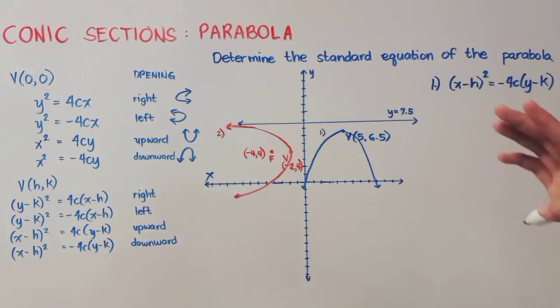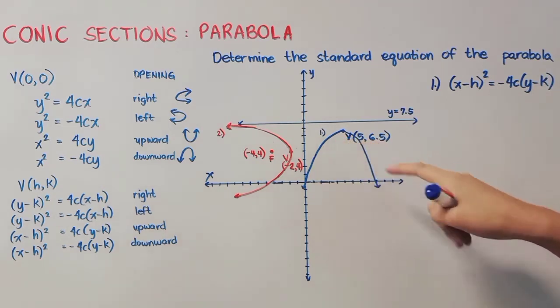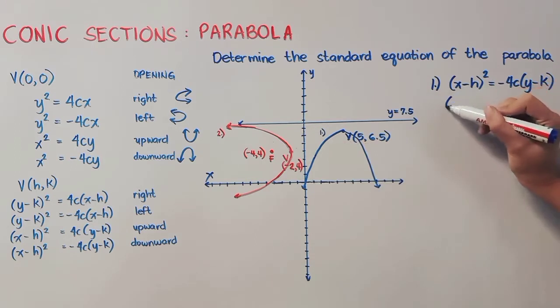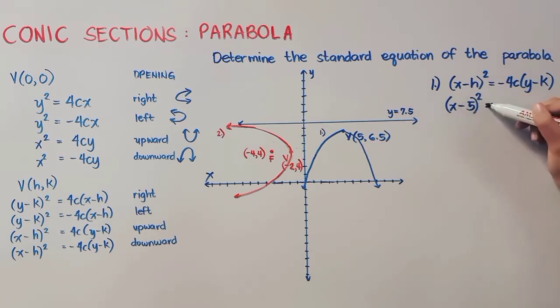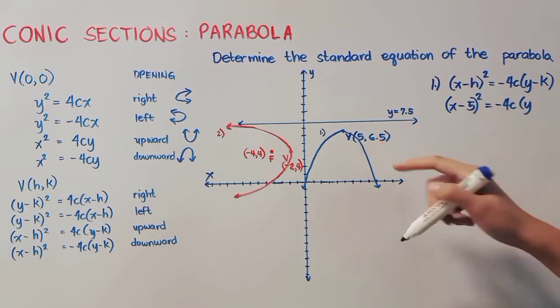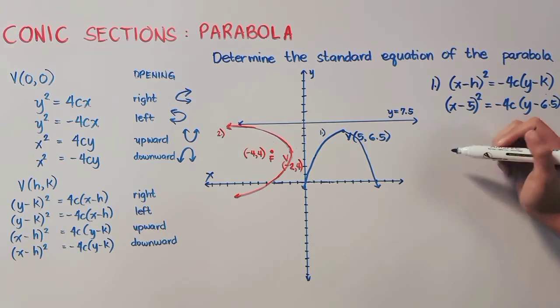Substituting the values here, our h is 5 and our k is 6.5. So we'll just have to replace our values here. Now remember that our c here is the distance from the vertex going to the directrix.